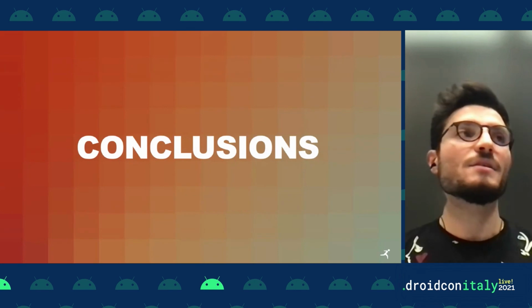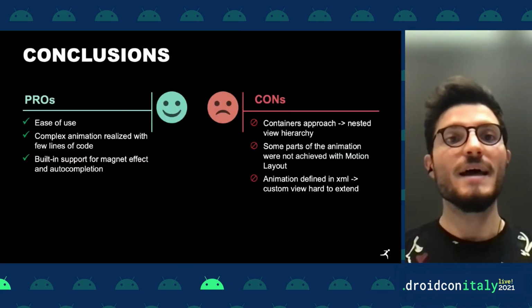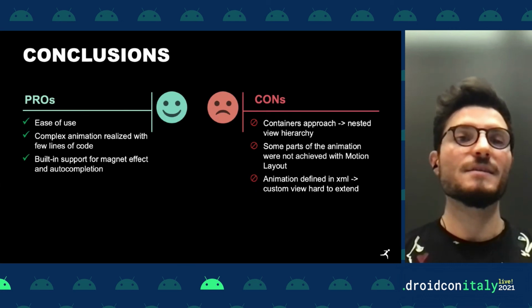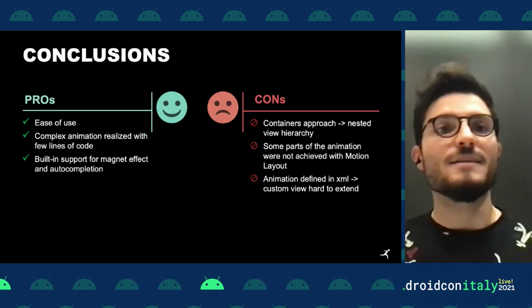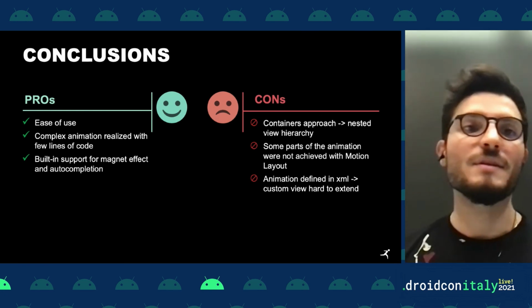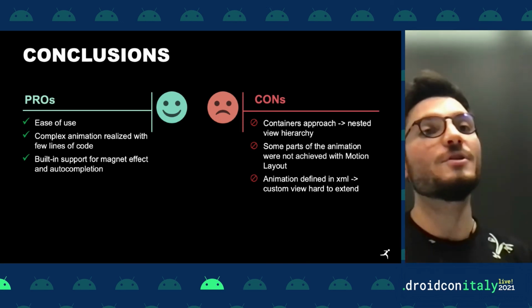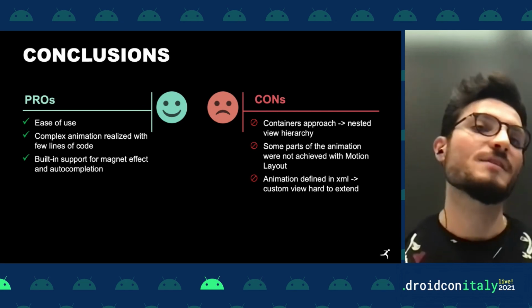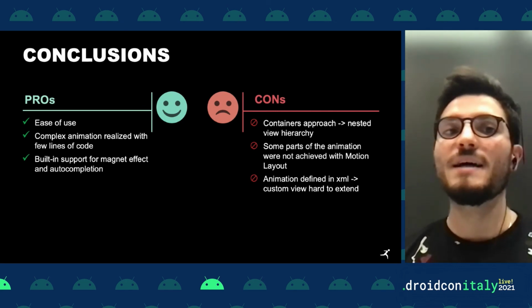So that was the implementation of our component, and I think it's useful to look back and understand what was good and what was not so good in our implementation. As in every case in engineering, there is a trade-off: if you make a decision, there are good and bad aspects.